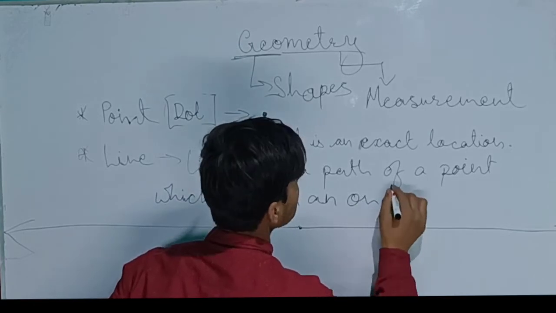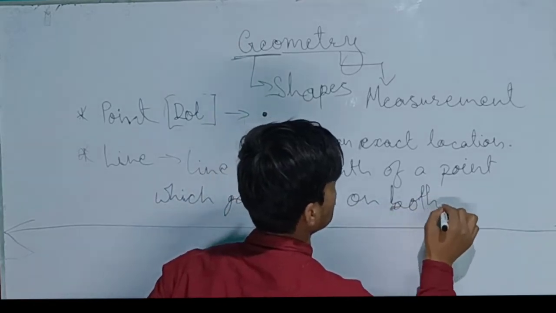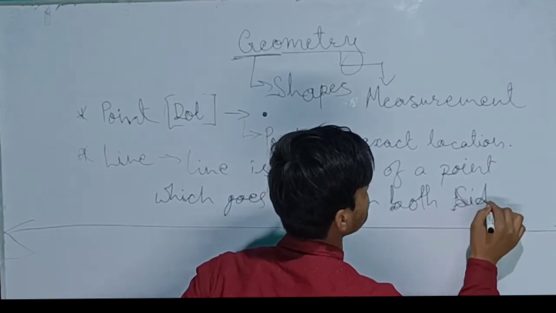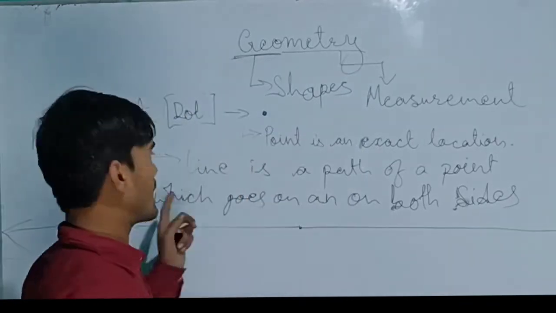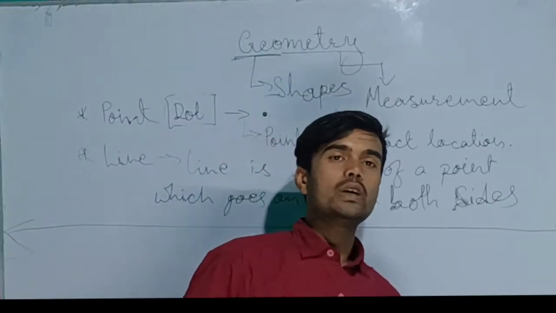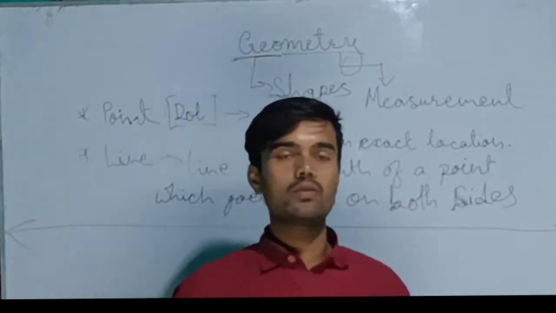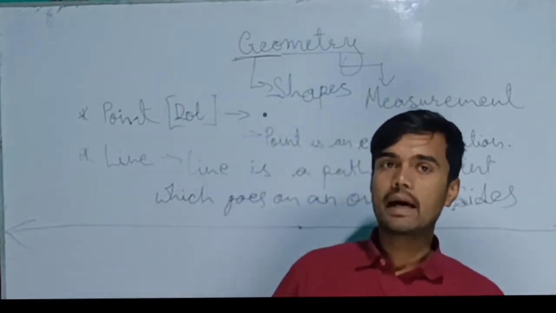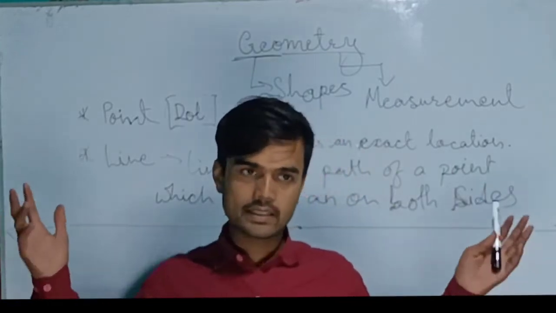So a line is a path which extends on both sides, whether it may be the left side or the right side. A line goes on and extends on.